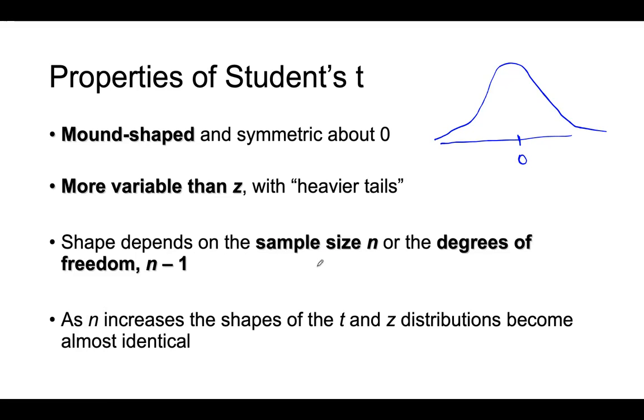The shape depends on the sample size N, or the degrees of freedom, which is N minus 1. And as N increases, the shapes of the T and Z distributions become almost identical. And we can see this in the table again, if you look at what happens when N gets larger.